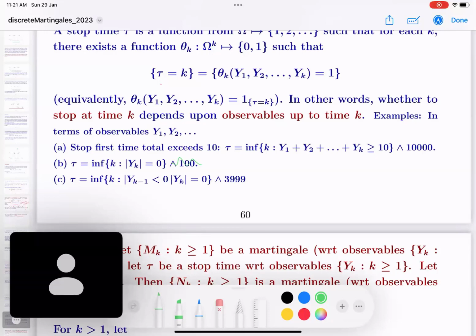When time k occurs, if you have not stopped up to then, you know whether you should stop or continue. In the stock market, you can say that you are aiming for some profit. As soon as the stock price crosses something, then you will sell. Next day you sell before the market opens.